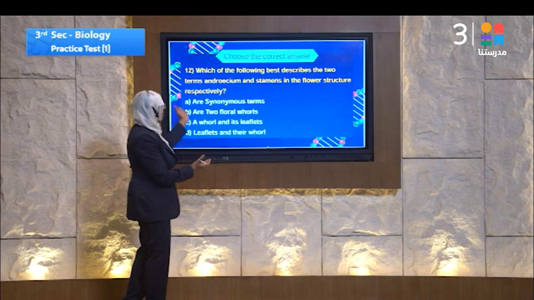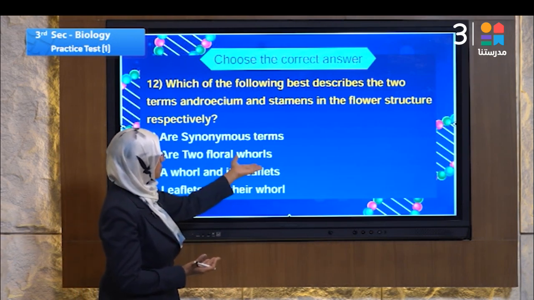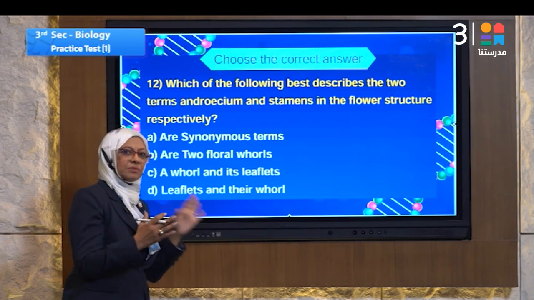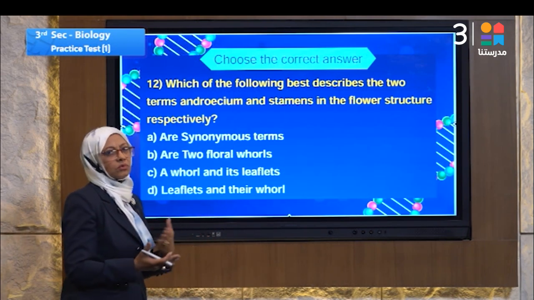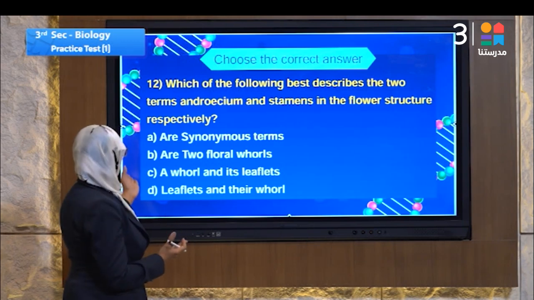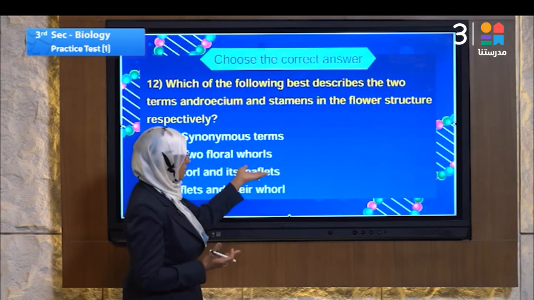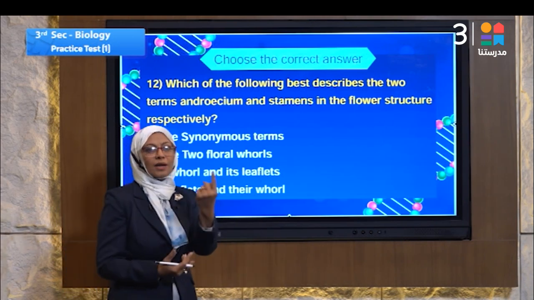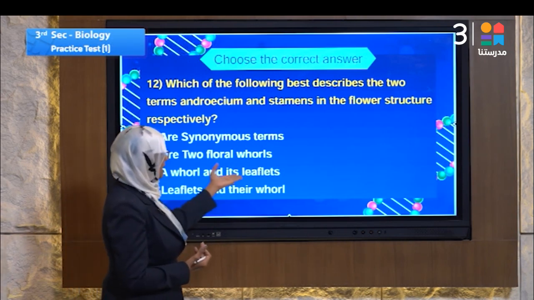The first choice is synonymous terms. That means the two terms are the same, that stamen and androecium. No, that's not the same. Number B, two floral rolls. No, that's not two floral rolls. That's one floral roll, a roll and leaflets.